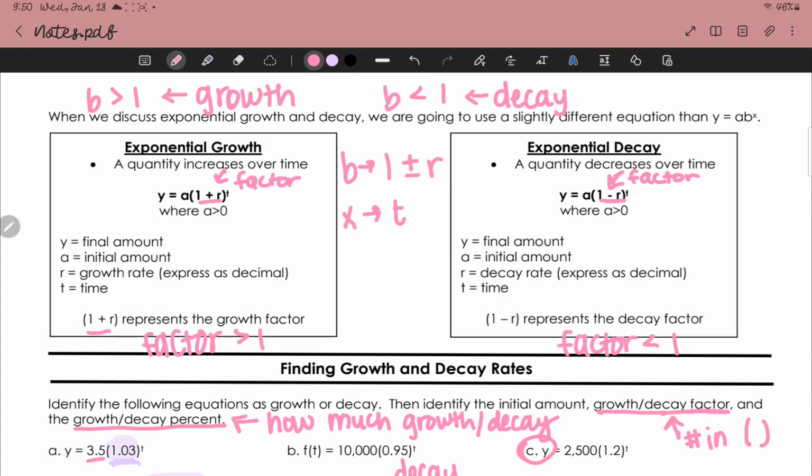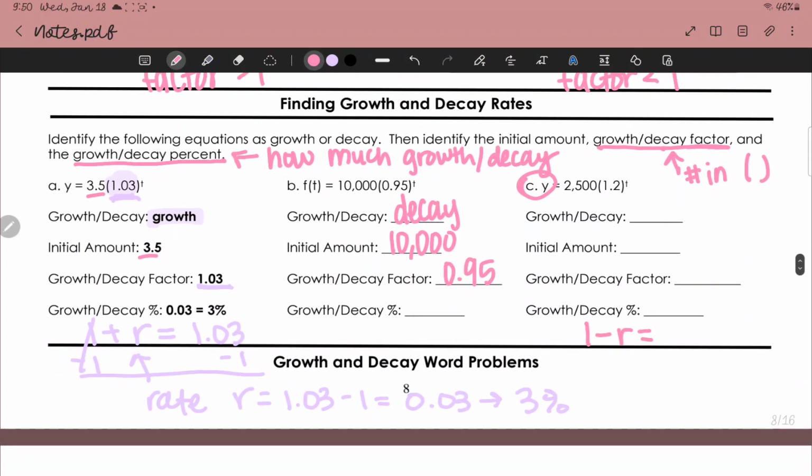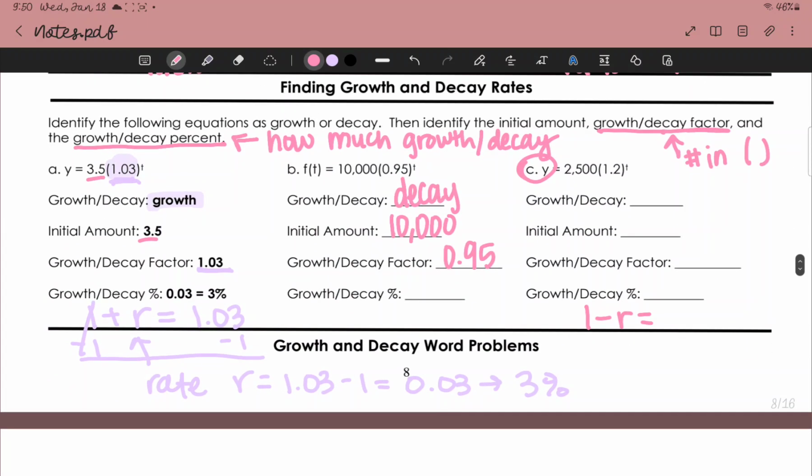You just have a different factor if it's growth or decay, so it's a different way to find it. So our factor here was 0.95, and I'm going to say it's minus 1, same thing as the growth. I have negative r equals negative 0.05.